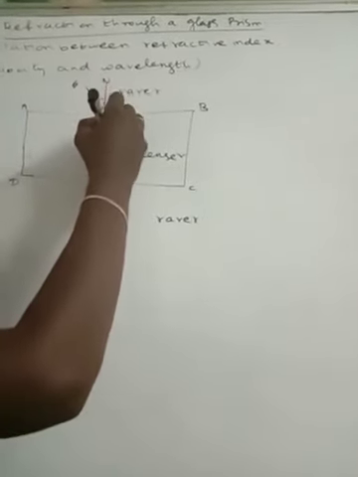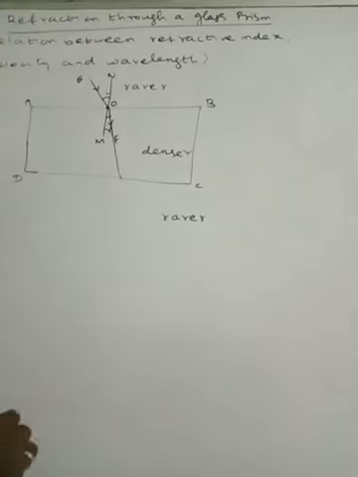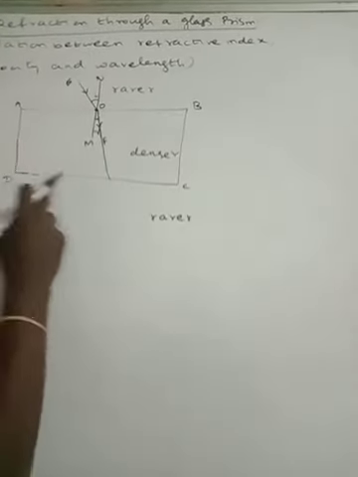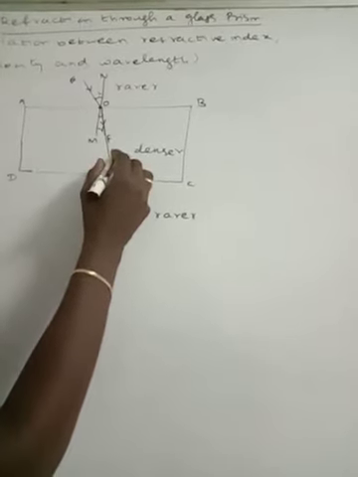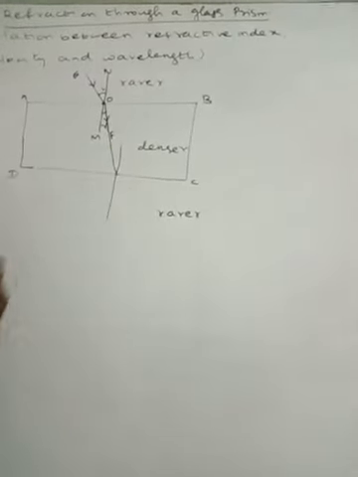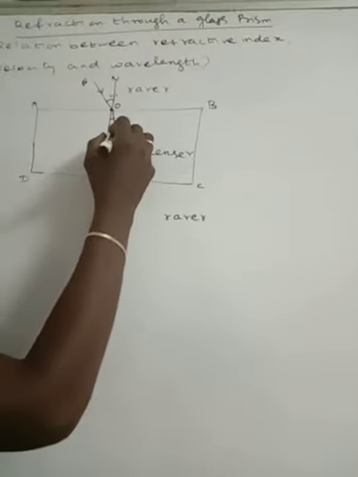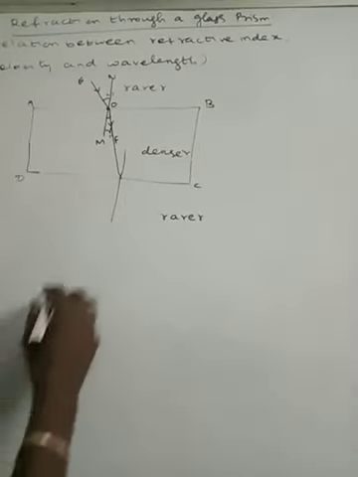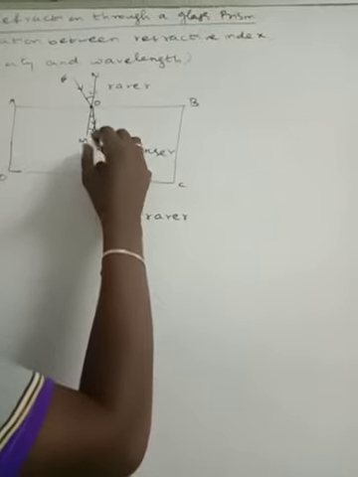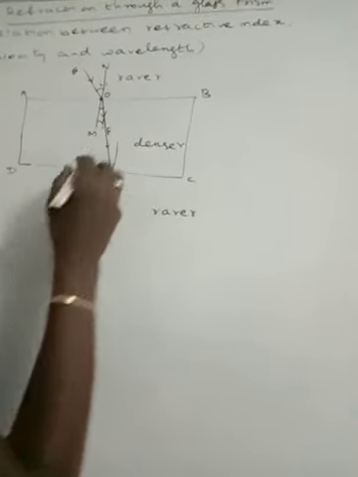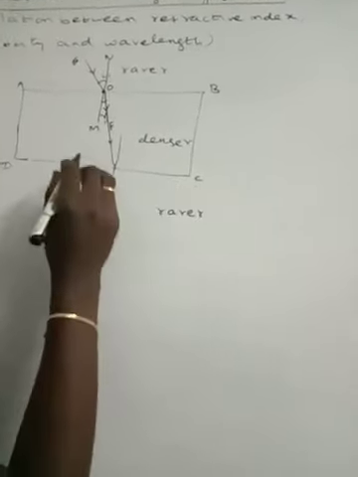Then the refracted ray is incident on the lower surface DC. We have drawn the normal line. Incident angle on the first surface, refracted angle on the first surface. Now the refracted ray acts as an incident ray on the surface DC.